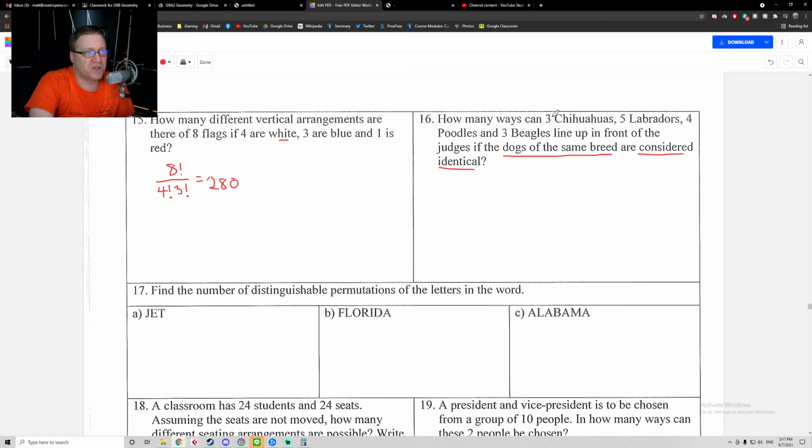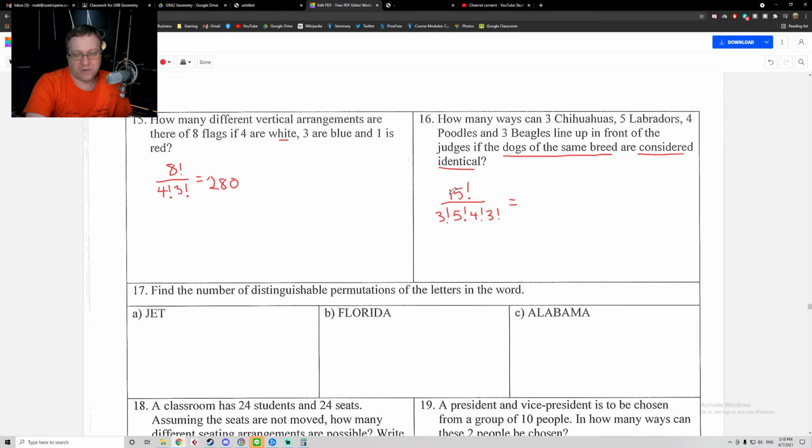How many do we have in total? 3 plus 5 is 8, plus 4 is 12, plus 3 is 15. So we have 15 dogs, but we have repeats: 3 Chihuahuas, 5 Labradors, 4 Poodles, and 3 Beagles.